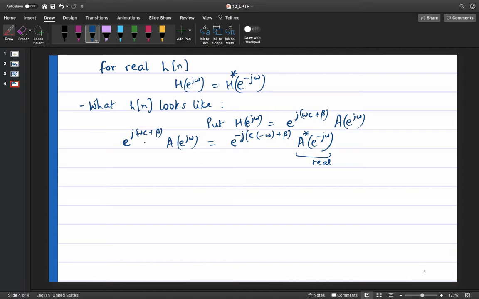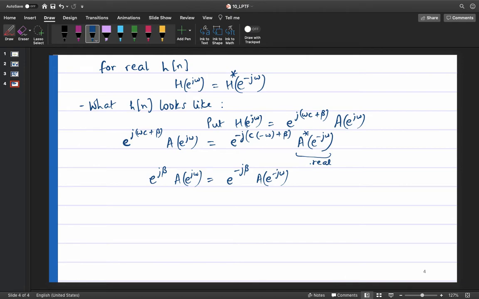So now the cω terms get cancelled on both sides, and it becomes e^{jβ} A(e^{jω}) = e^{-jβ} A(e^{-jω}).